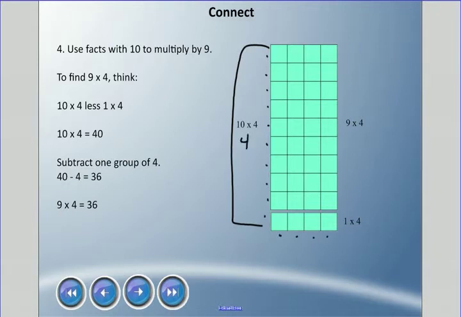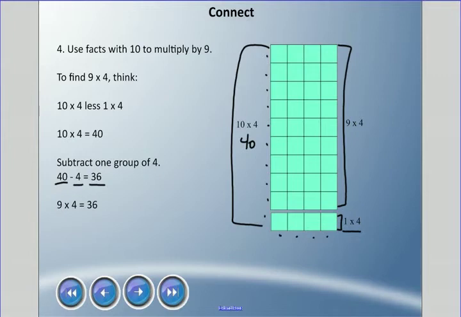Let's say we know that's 40 very well, but we're trying to find 9 times 4, which is this section. So we do 40 minus the 1 times 4 that's left. 40 minus 4 is 36. So we're using the information from 10 times 4 and applying it to 9 times 4.